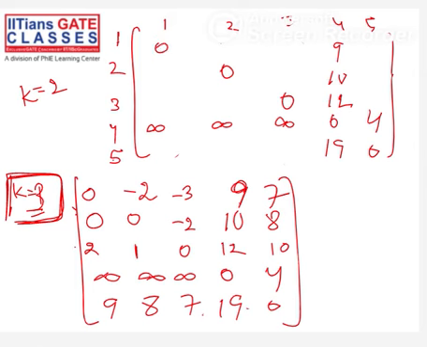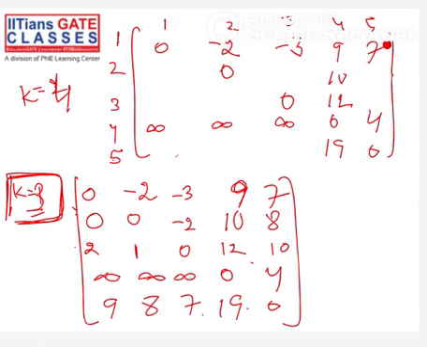So 1 to 2: 1 to 4, 4 to 2. Minus 2. 1 to 3: 1 to 4, 4 to 3. This is minus 3 again. 1 to 5: 1 to 4, 4 to 5. 4 to 5 is 4. 9 plus 4 is 13, and this is 7, so this is still less.